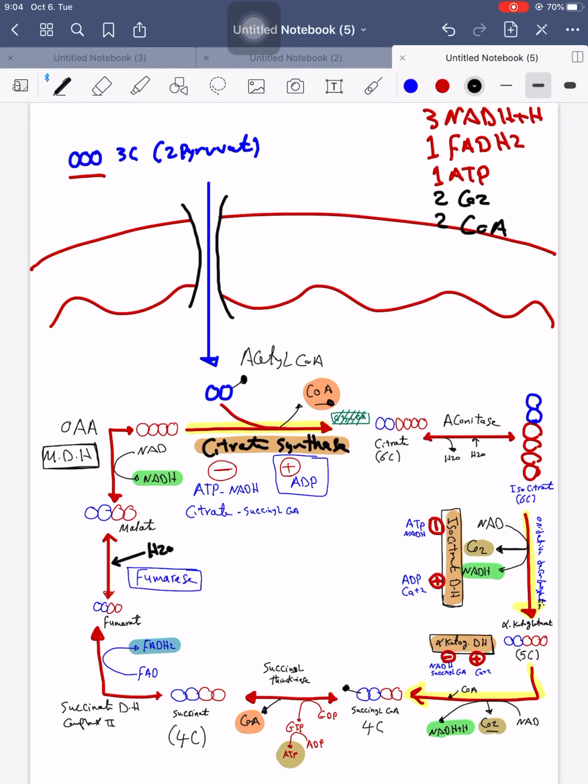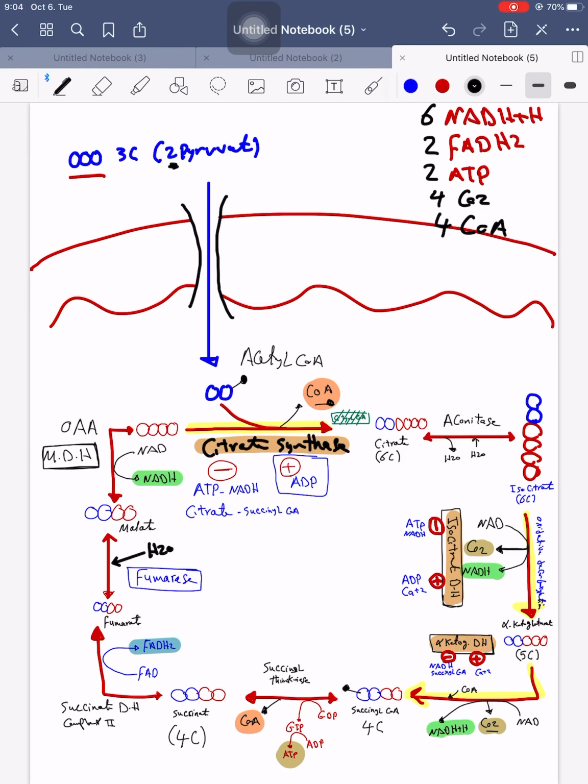The 3 will become 6, and 2, 2, 4, 4. So we can say 6 NADH, 2 FADH2, 2 ATP, 4 CO2, and 4 coenzyme A. This is the total production from 2 molecules of pyruvate.